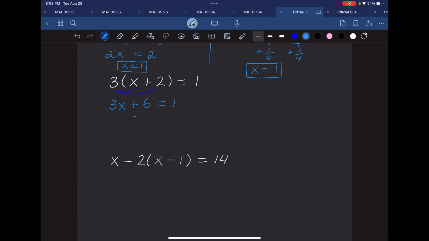I can subtract 6 from both sides, and I get 3x is equal to negative 5. I can divide by 3 on both sides, and I'll end up getting that x is equal to negative 5/3.